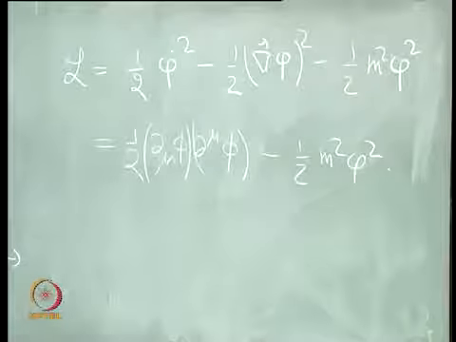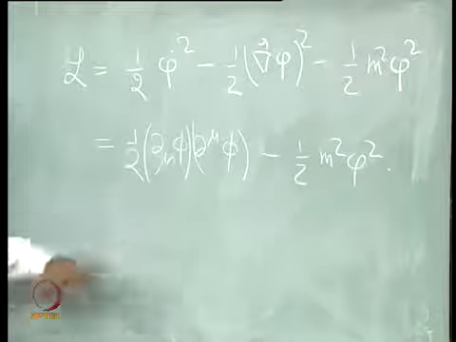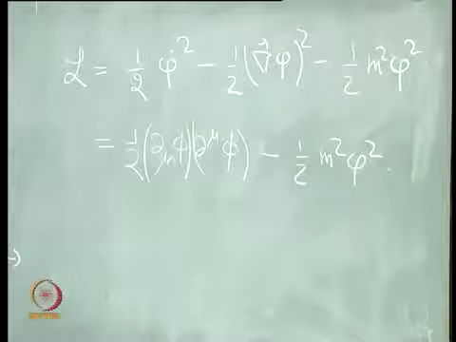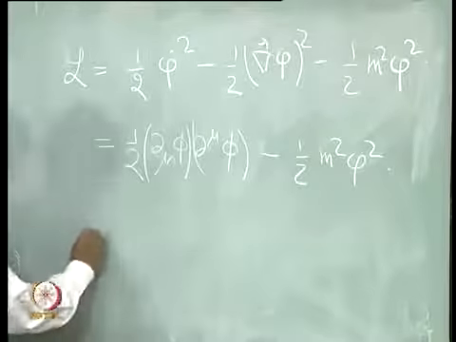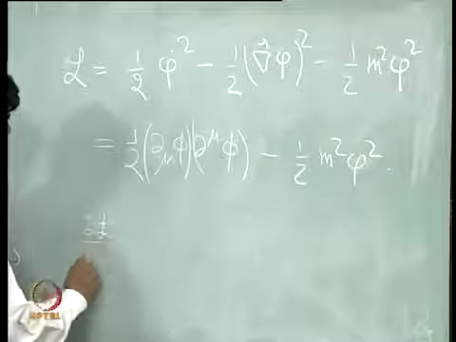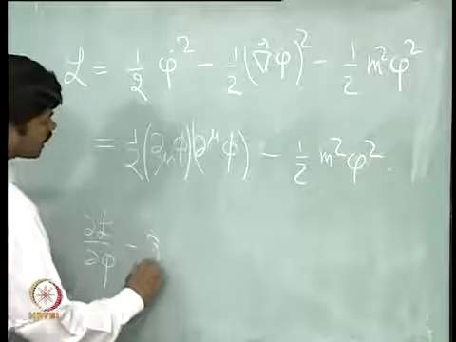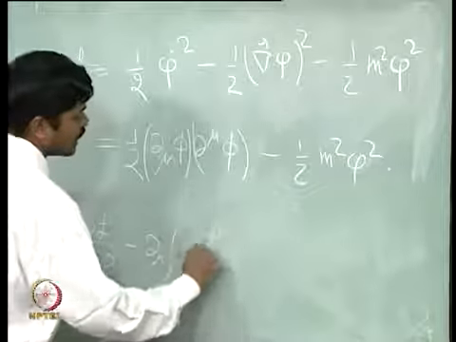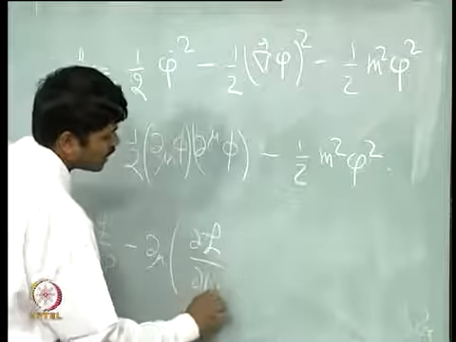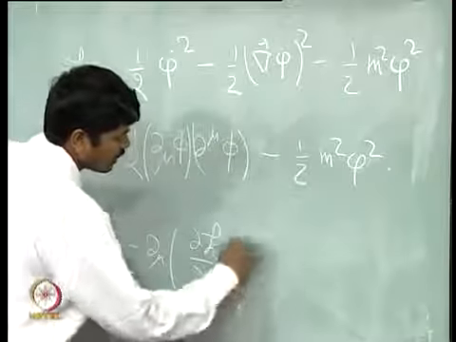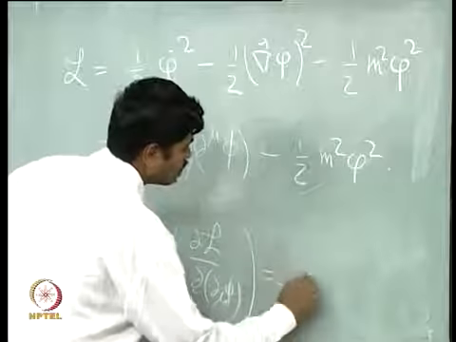So, what is the equation of motion for this system? The equation of motion is given by del L over del phi minus del mu of (del L over del mu phi) is equal to 0.